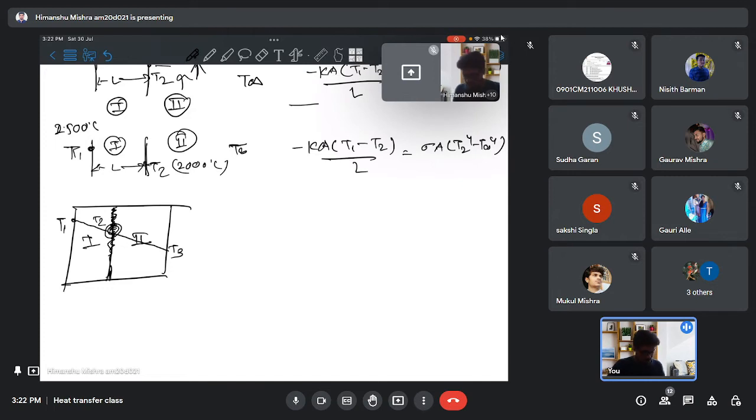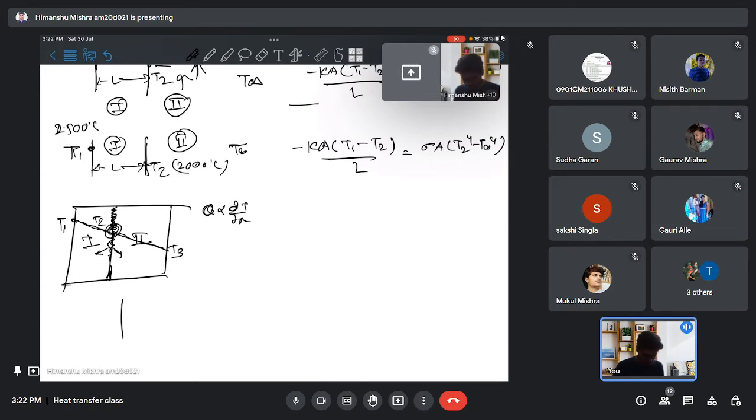So the heat transfer is governed by Fourier's law. We already know this, and the heat transfer is proportional to dT/dx. That means there is a slope which is defined here. So this slope, according to Fourier's law, is directly proportional to the heat transfer. One requirement is that the temperature just at the left side of this first slab should be equal to the temperature just at the right side of the second slab.